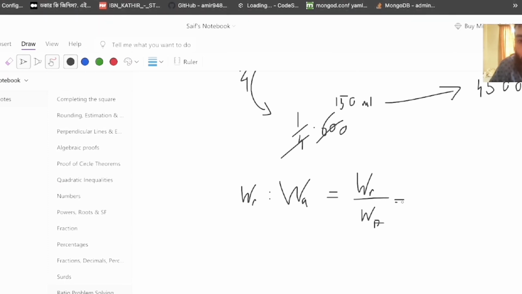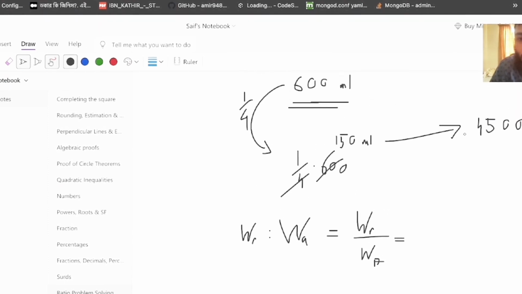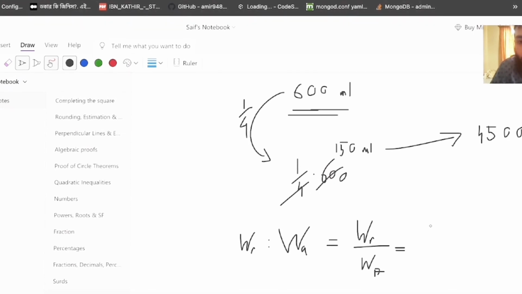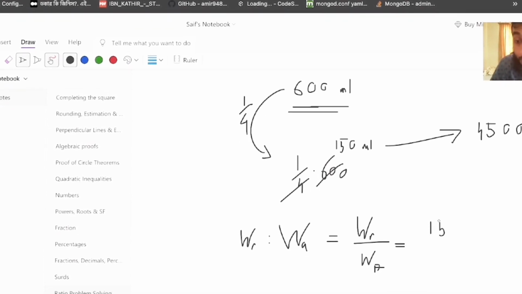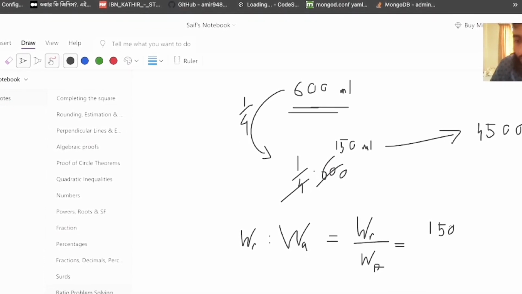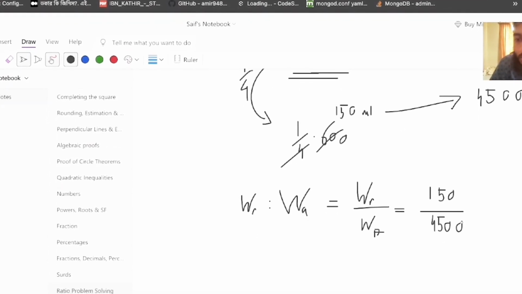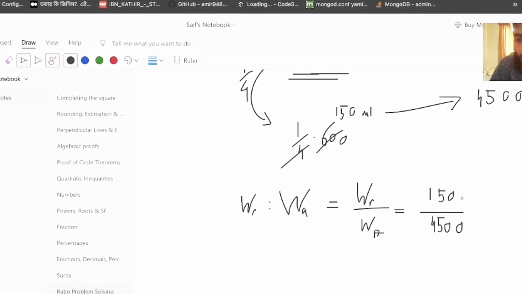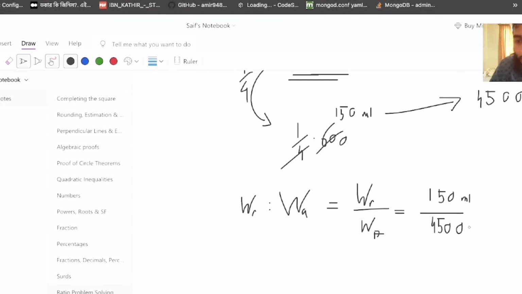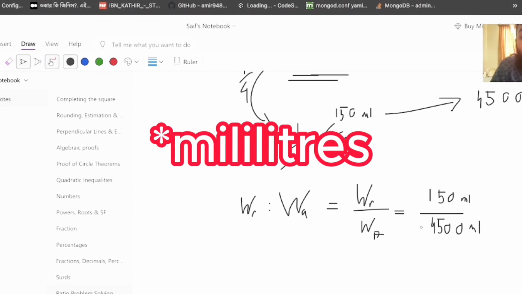For every 150 milliliters of wallpaper remover, I'm using 4,500 milliliters of water.